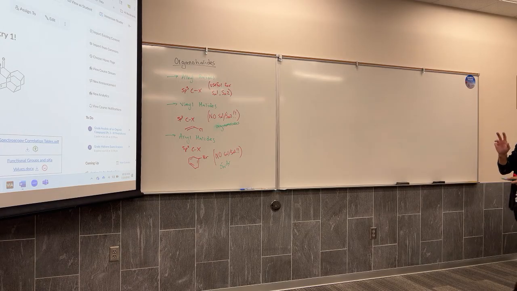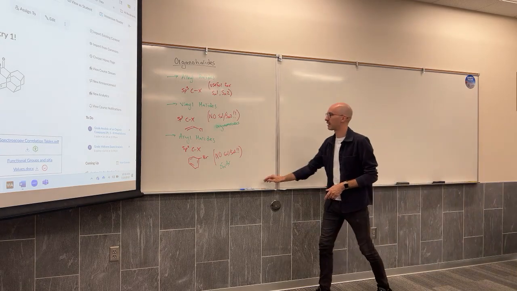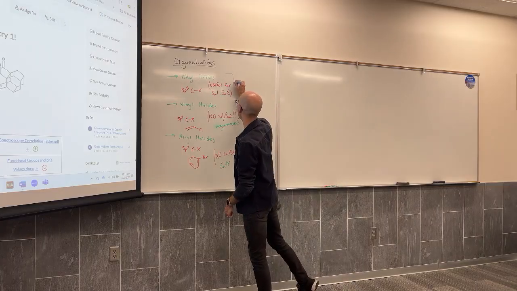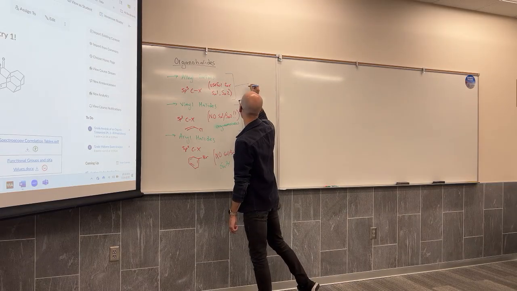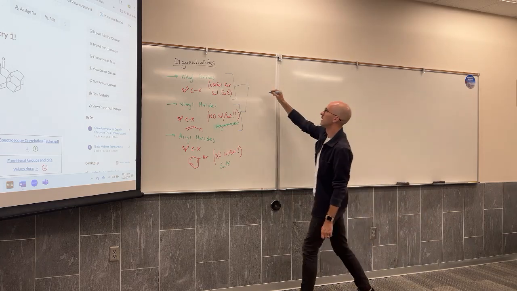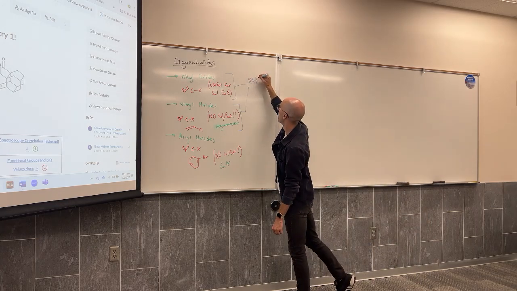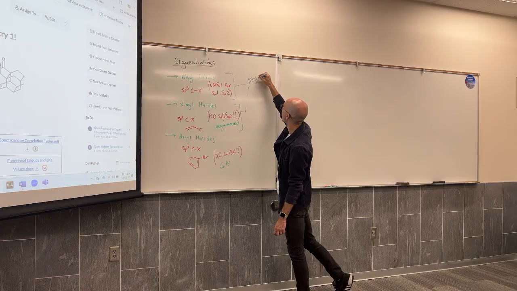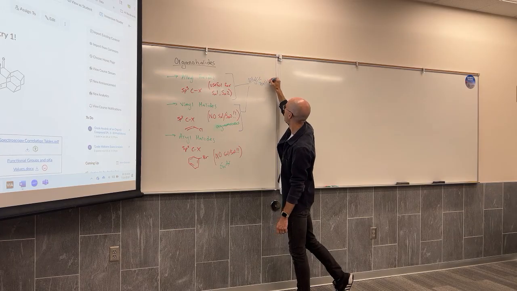All right, now the third class, that is kind of a hybridization of alkyl halides and vinyl halides. These are called allylic halides.